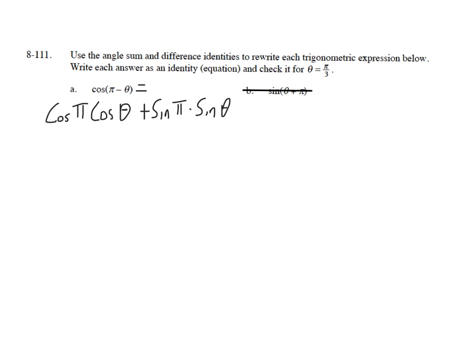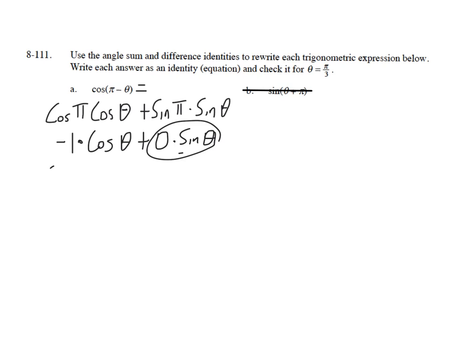Well, the cosine of pi is a negative 1 times the cosine of theta, plus the sine of pi is 0 times the sine of theta. And we know 0 times anything is 0.